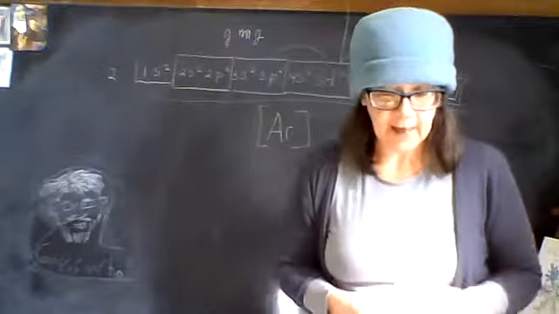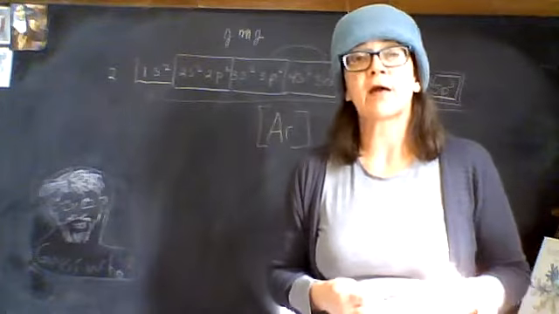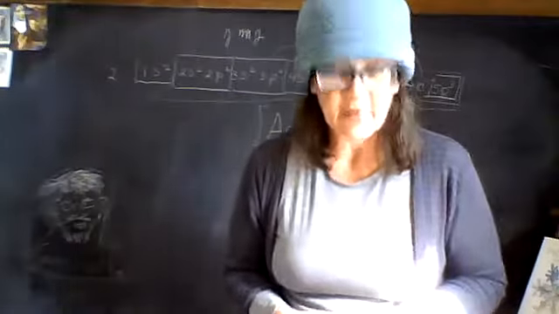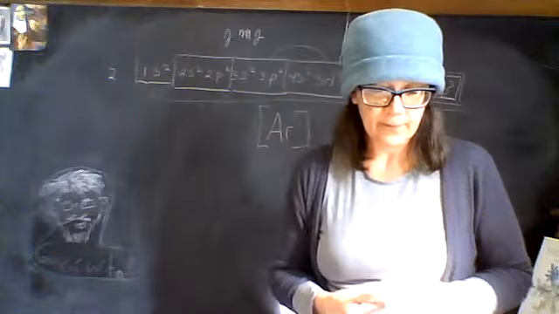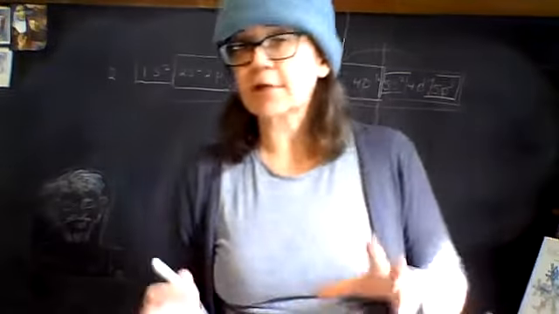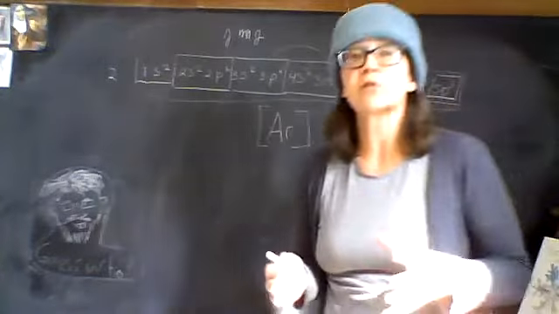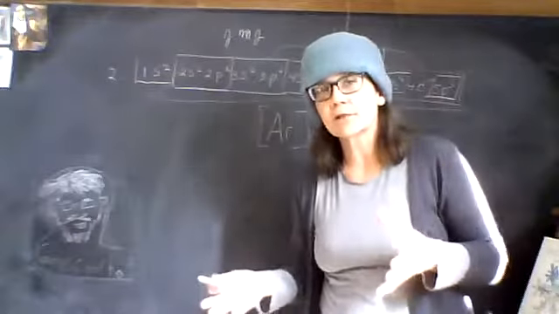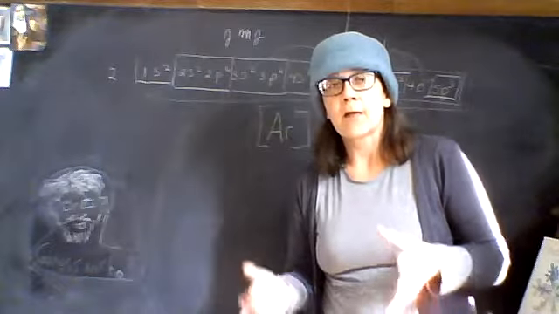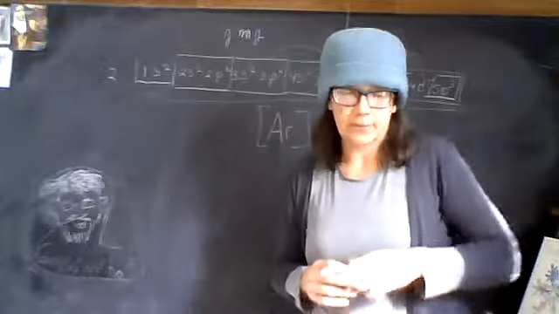So a regular atom has no electrical charge, but ions will have an electrical charge, either positive or negative, because they have an imbalance of protons and electrons. So it's different from an isotope. Isotopes have different numbers of neutrons, and so they have different molecular weights. But this is an ion. Ions have different charges.